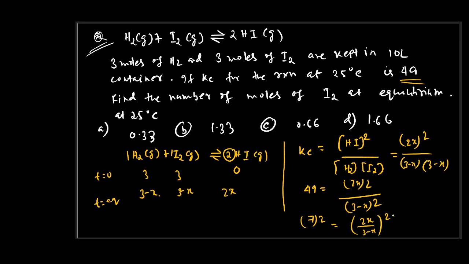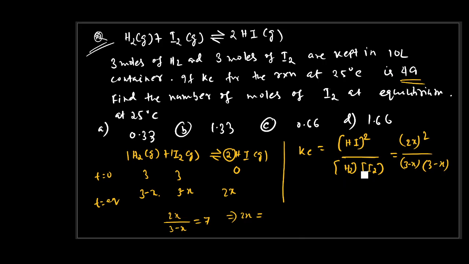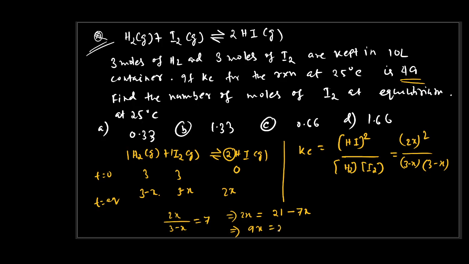Both are squared, so I can take the square root and cancel. So 2x over 3 minus x equal to 7, then 2x equal to 21 minus 7x. So 9x equal to 21, so x equal to 21 by 9, that is 7 by 3. So just divide it.